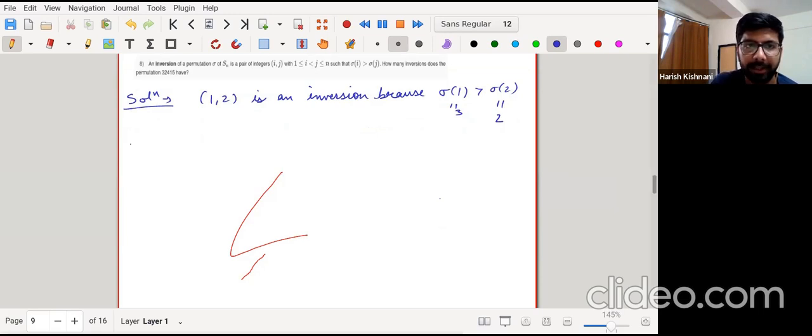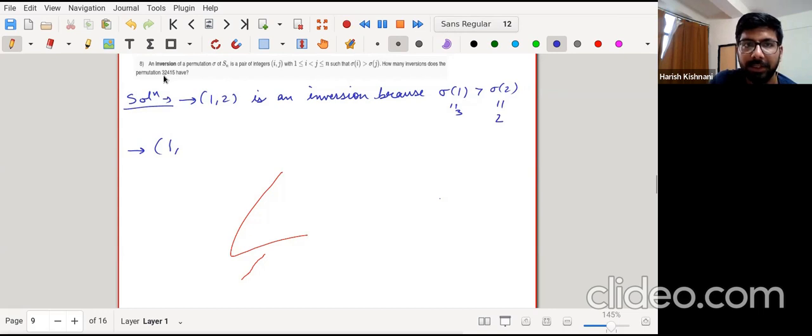So is there any other inversion with 1 as the first element? 1, comma, something. See, 1 is the smallest index. So if you find anything which is smaller than the image of 1, then that has to be part of an inversion, right?